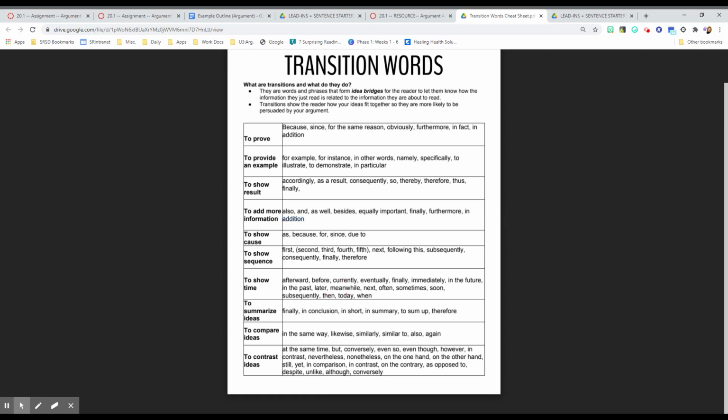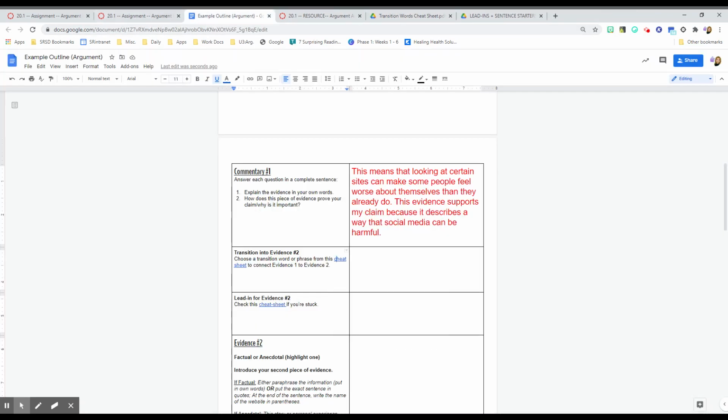So if you wanted to do like additionally, that works too. But I like to be a little fancy, so I'm going to use additionally. So, to add to it, and that's it. You literally only have to put one word or one short phrase for your transition.